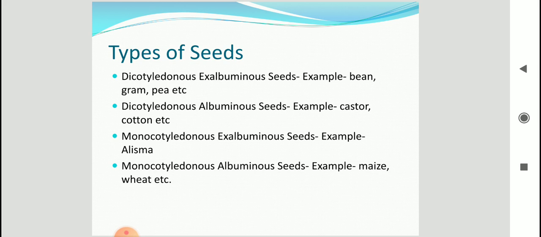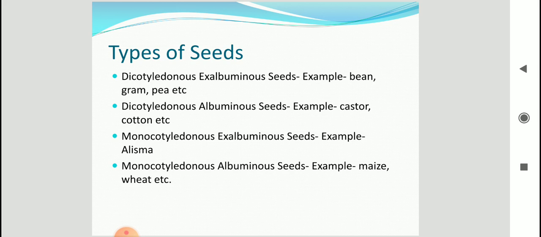Your jute, then custard apple, papaya, etc. Then monocotyledonous exalbuminous seeds, example Elisma. There are very few examples under this category. Monocotyledonous albuminous seeds, example all your cereals and millets will come under this category. Examples are there: maize, wheat, etc.